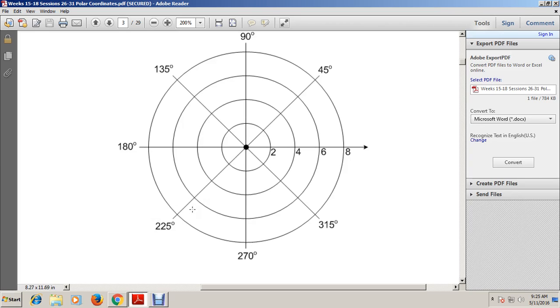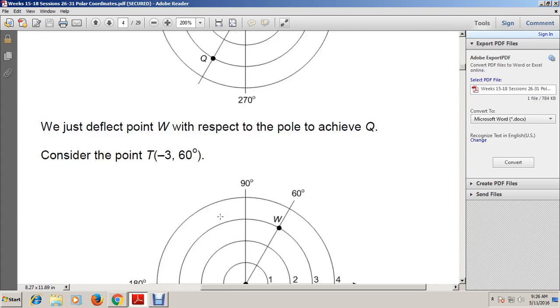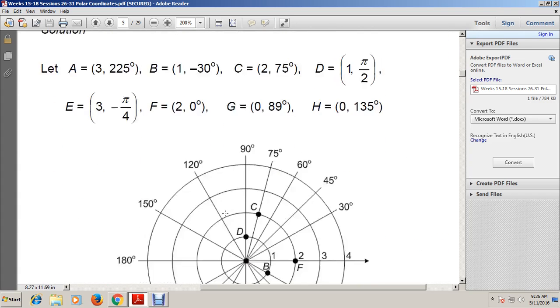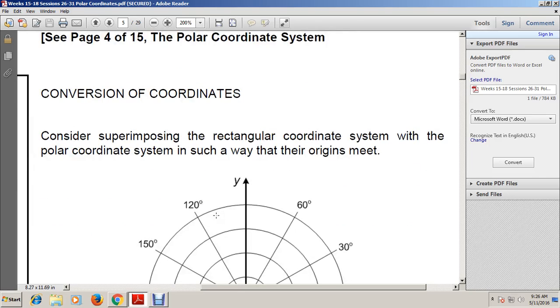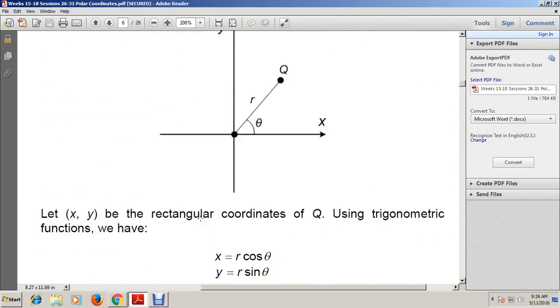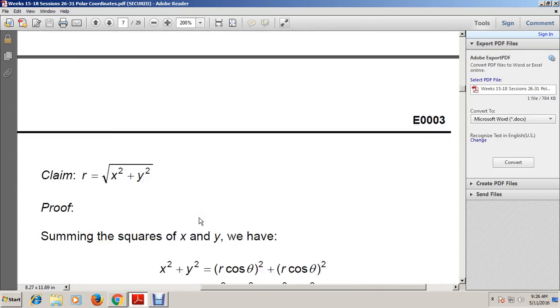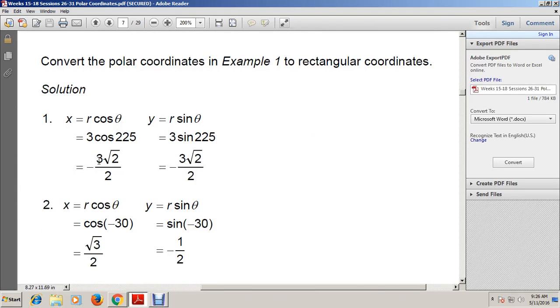Since 225 is located on the third quadrant, where x is negative and y is also negative, cosine 225 is negative square root of 2 over 2, times 3, that gives us negative 3 square root of 2 over 2. While r sine theta, sine 225 is also negative square root of 2 over 2, times 3, gives us negative 3 square root of 2 over 2.